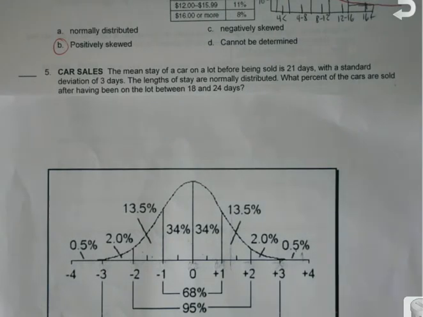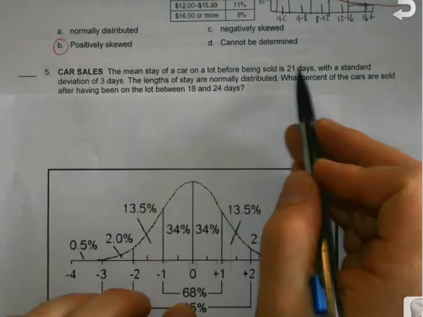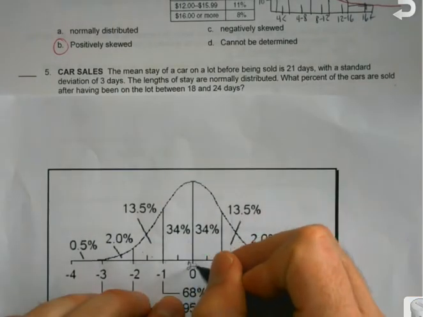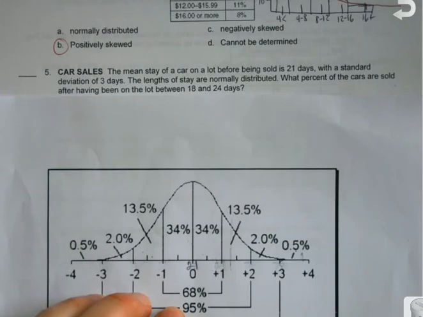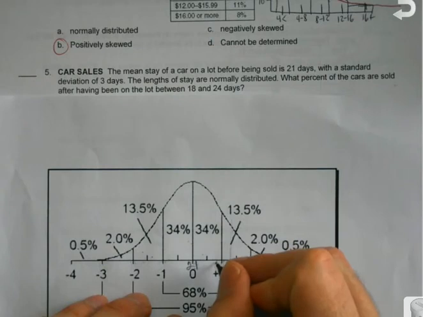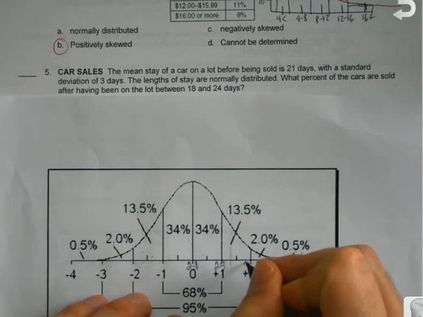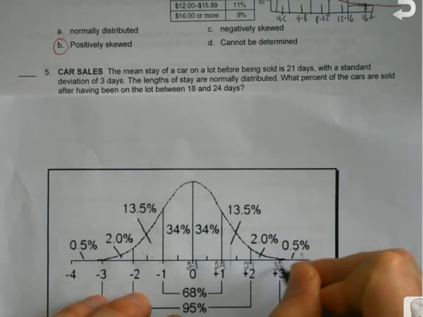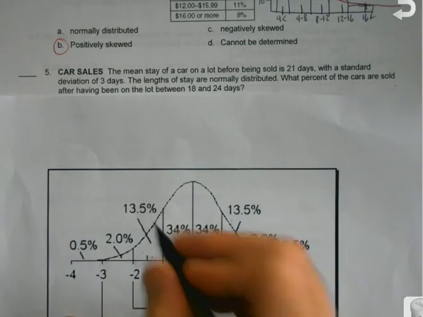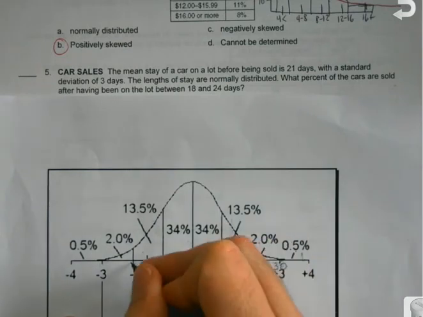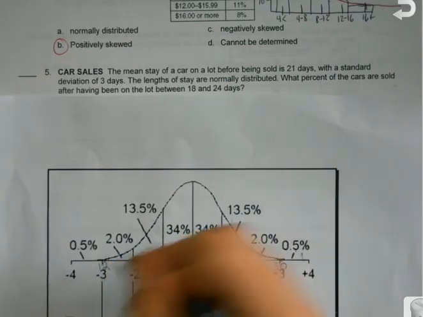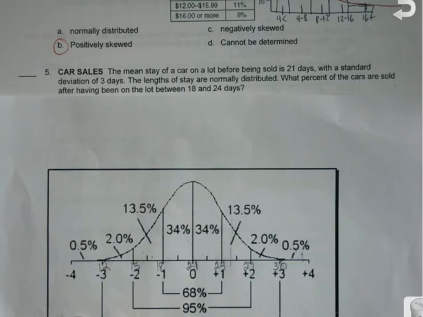If I have a pencil, or I could just redraw one on my own, I can say, okay, the mean is 21. So that's the value in the middle. The standard deviation is 3 days, which means when I move either direction, I'm going to be adding 3 as I go to the right, and subtracting 3 as I go to the left.